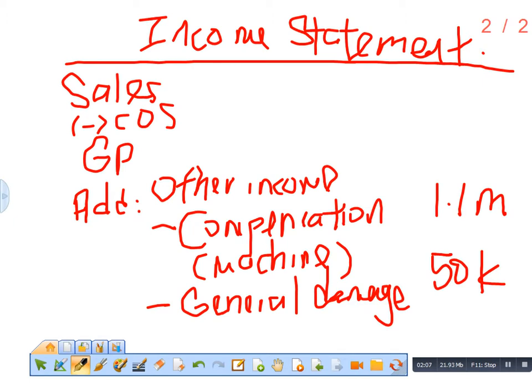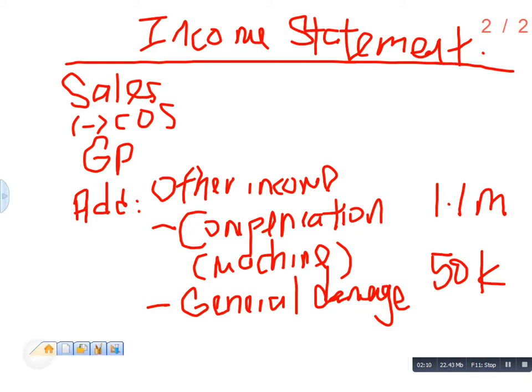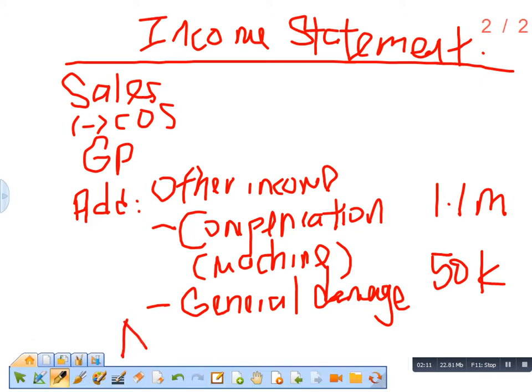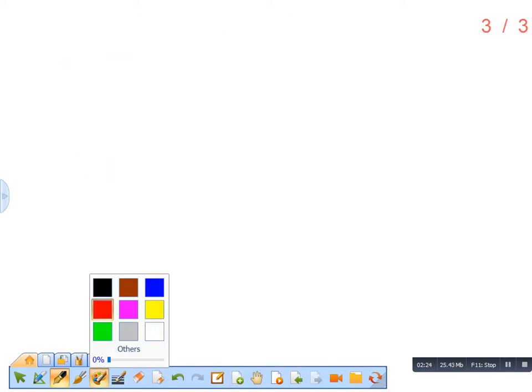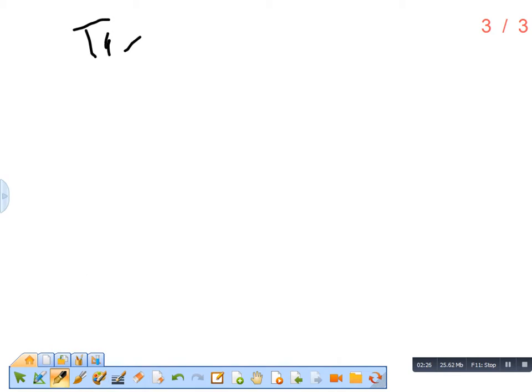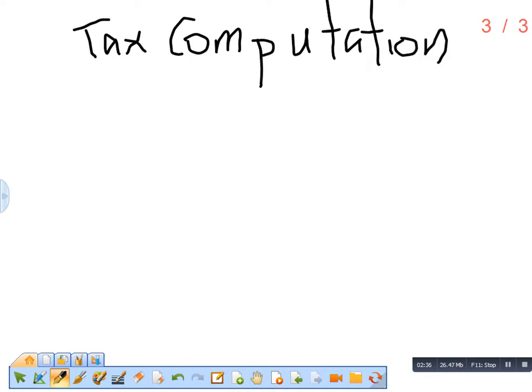And then at the end, you will minus expenses, and then you will get net profit before tax. Am I right? Okay, for the tax computation, I open up another new page. Tax computation, can you go back to your computation form, your chargeable income format? To calculate the tax, at first we must calculate the chargeable income.